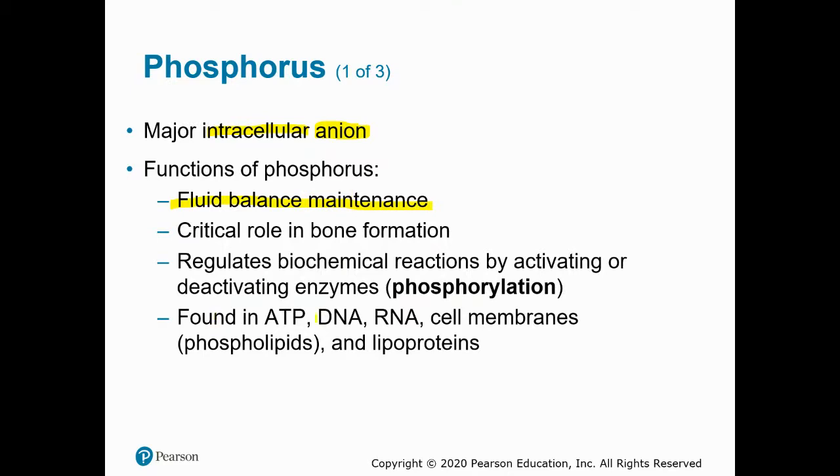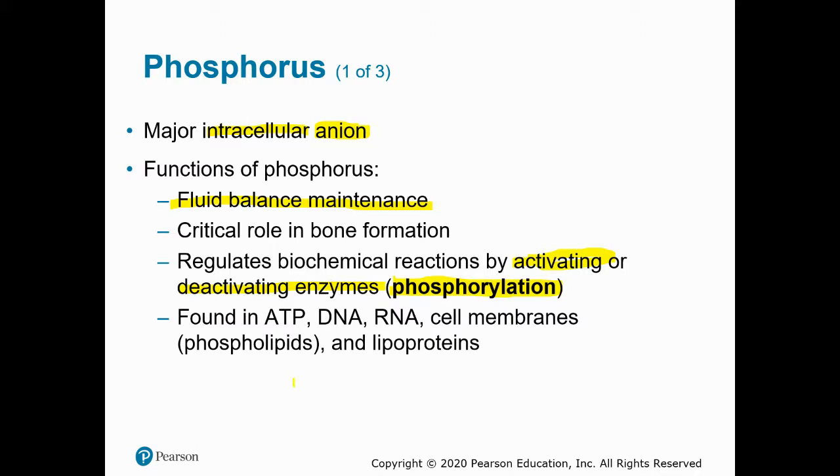We also talked about phosphorylation and dephosphorylation when we talked about metabolic pathways, so those types of chemical reactions use phosphorus. Phosphorylation and dephosphorylation are often reactions that activate or deactivate enzymes. We also saw phosphorylation in the process of glycolysis.